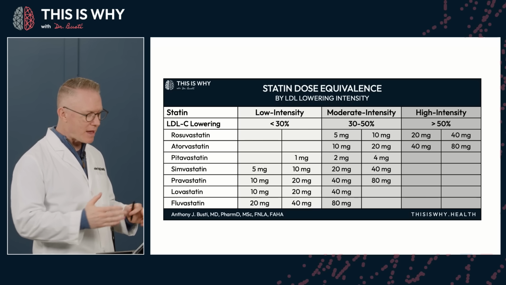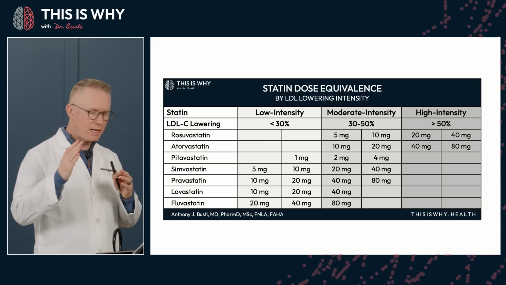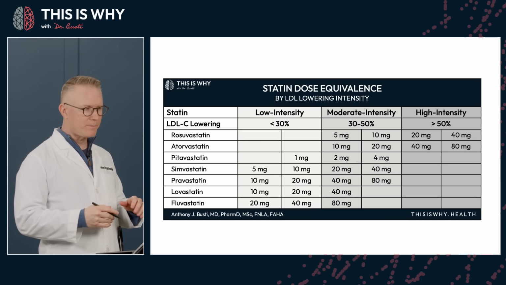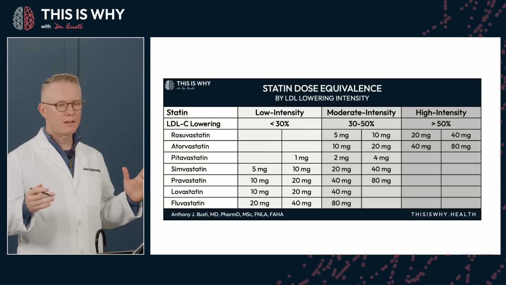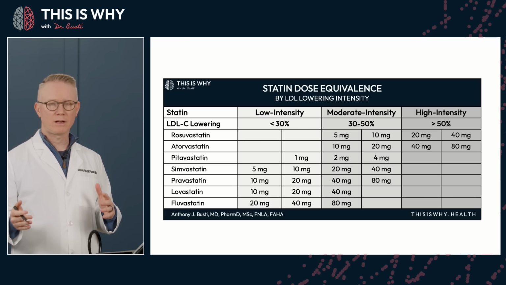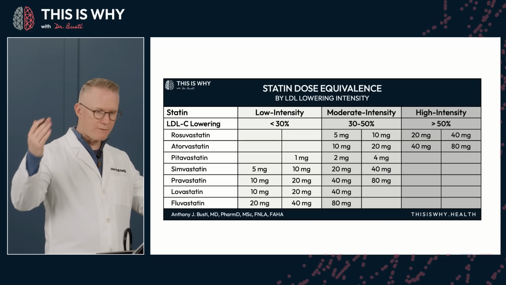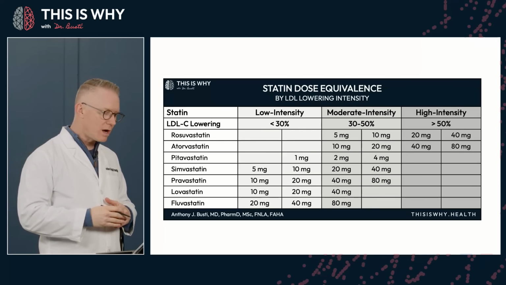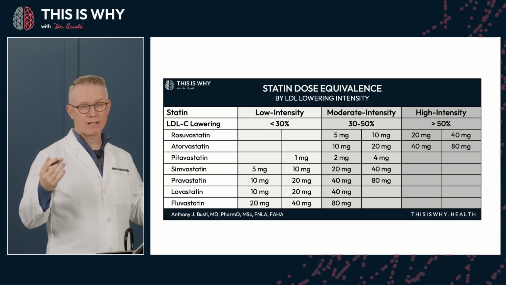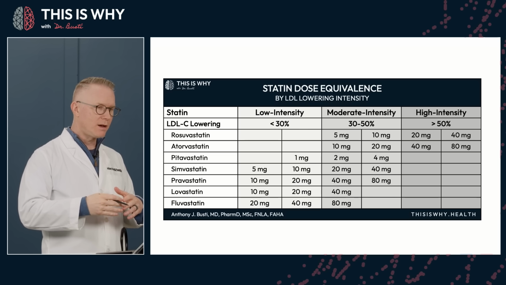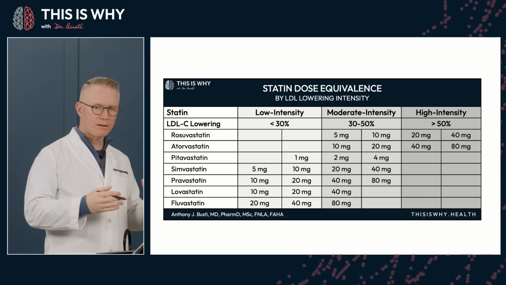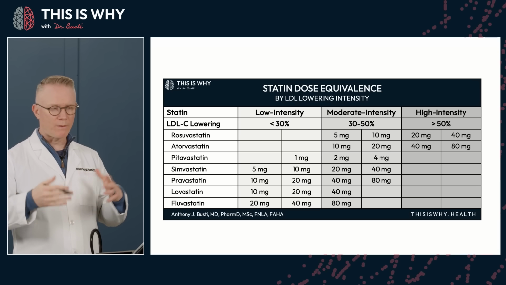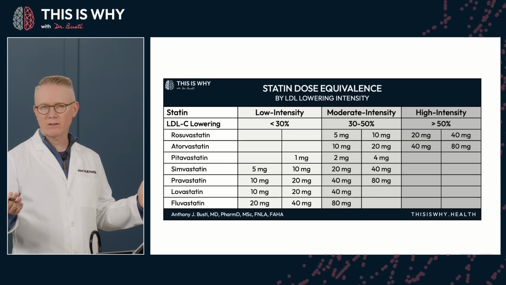Now, we talked about moderate intensity and high intensity statins. With most drugs, there's a dose-dependent effect: the more you give, the more effect, and then there starts to be a ceiling effect. This is where we study things in pharmacokinetics like the ED50, the effective dose where 50% of the patients receive the desired therapeutic response.